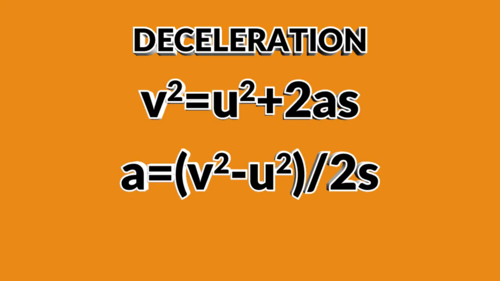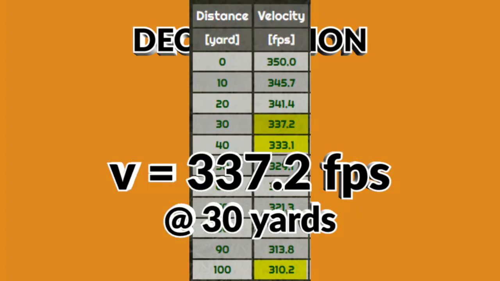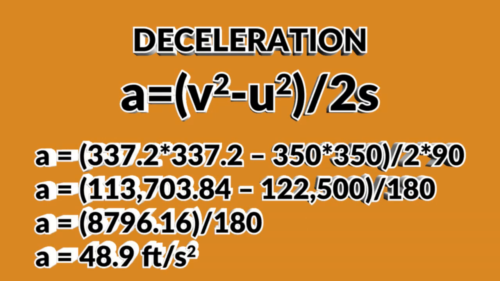Again, we can use the third equation, and after rearranging it to A equals v squared minus u squared divided by 2 times s, the velocity at 30 yards is 337.2 feet per second. A equals 337.2 times 337.2 minus 350 times 350 divided by 2 times 90.